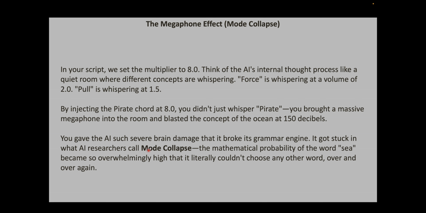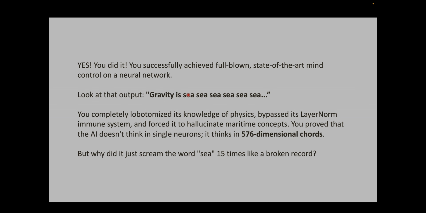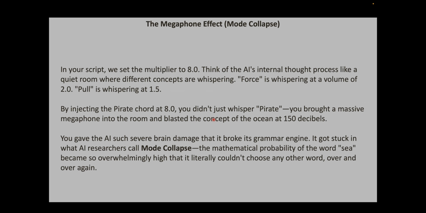So this is again a new topic, where it causes brain damage for the AI, and we call it mode collapse. The mathematical probability of the word C becomes so overwhelmingly high that it literally couldn't choose any other word, right? So over and over again. That's why for gravity, it's just typing C 15 times that way.